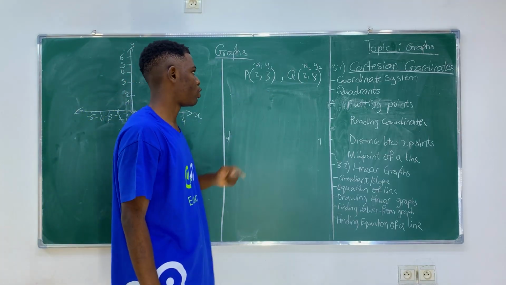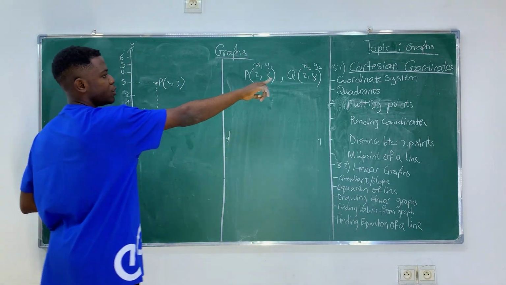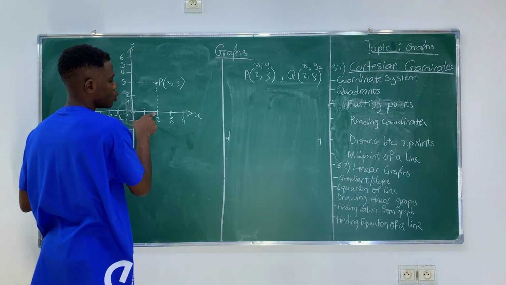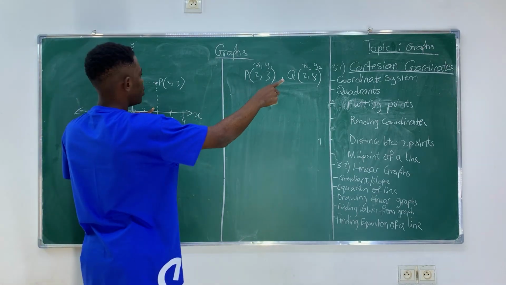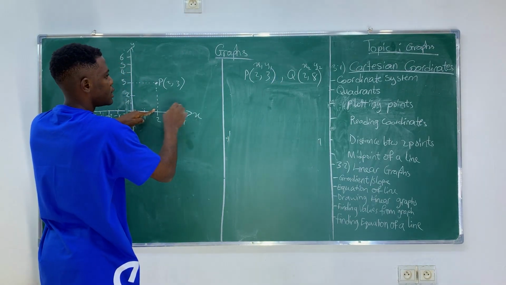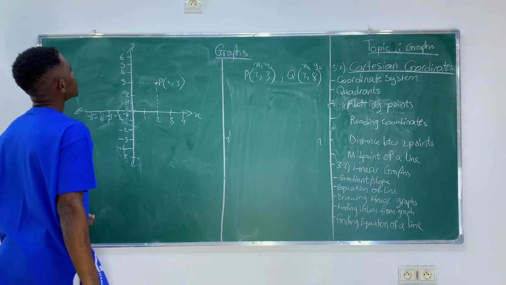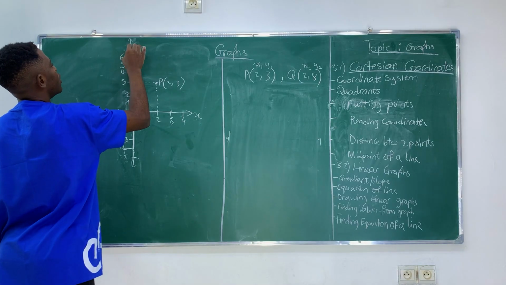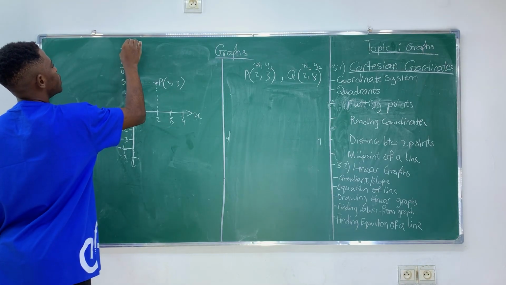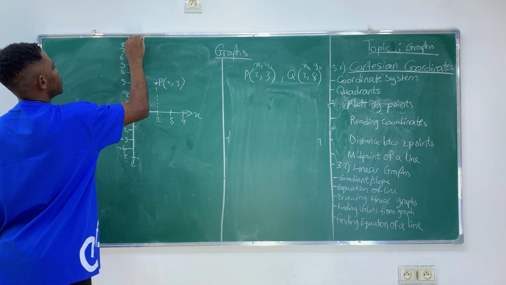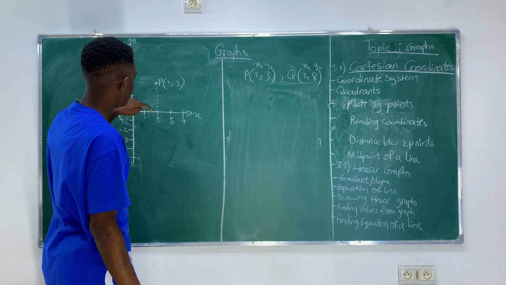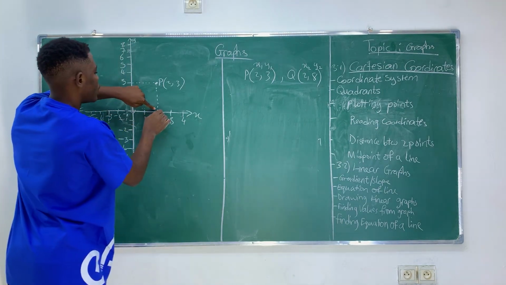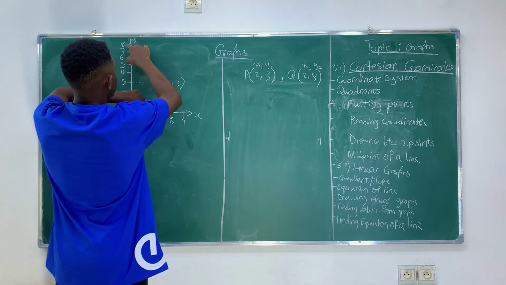I do the same for Q. What is the X value of Q? The X value of Q is 2. And what is the Y value of Q? The Y value of Q is 8. You see the X value is 2, so I'll go up from here. The Y value is 8. 8 is right up there.